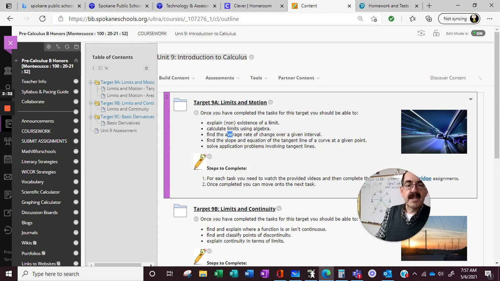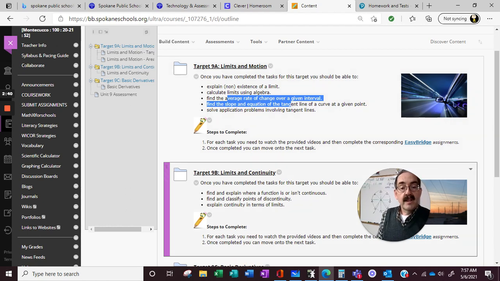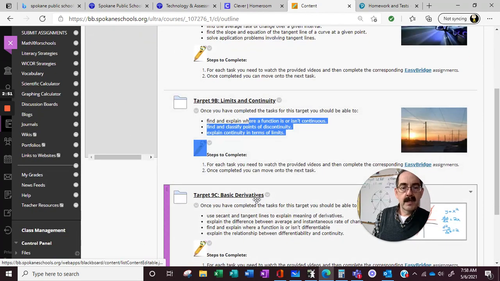So you're going to see average rate of change, slope, equations, tangent lines, and it's a new vocabulary. Then we get to limits. What is the limit as we approach, as we flatten off? And you're going to see these terms over and over and over.